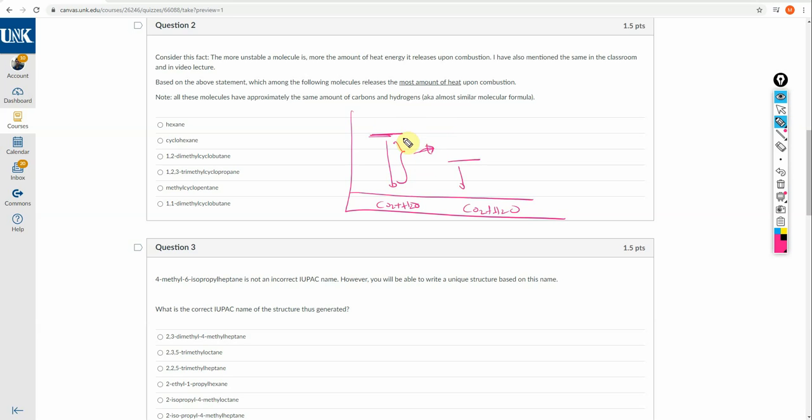So if you have, say for example, methyl cyclopropane and cyclobutane, they both have the same molecular formula. This one is more unstable because it has a lot of strain energy in the ring. Therefore when you burn it, it is going to release the most amount of energy. So that's basically what this problem tests you on as well.